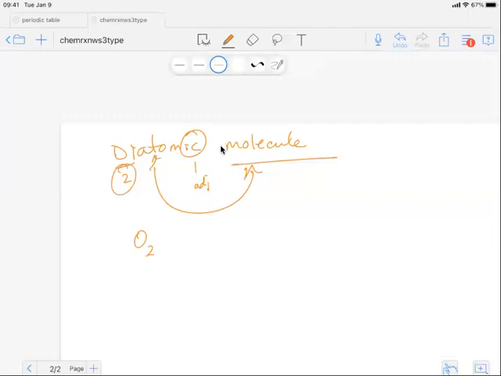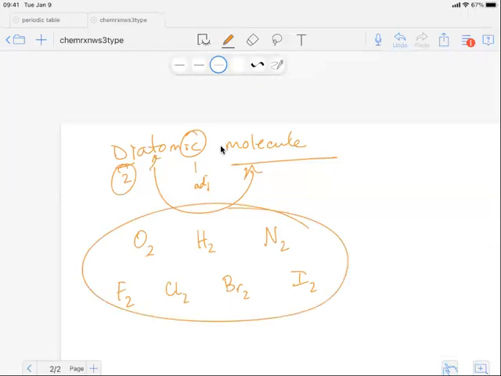And there are a specific number of elements on the periodic table that are diatomic. We have O2, H2, N2, and all of the halogens. So that's fluorine, chlorine, bromine, and iodine. These 7 elements are diatomic.